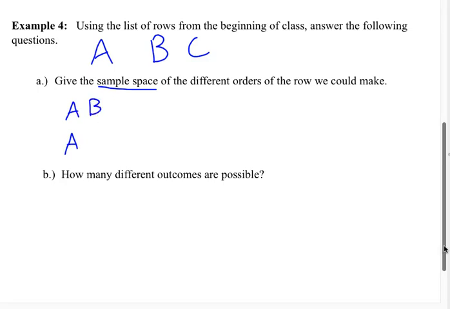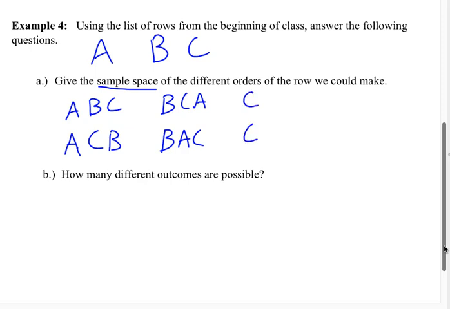It could go A, B, C, or we could have A, then C, then B, and I just flip-flop the second 2 positions. So there's 2. I don't think there's any other ways A can be first. Now let's let B be the winner. We could go B, C, A, and now I'm going to flip the C and the A and make it B, A, C. All right, we went from 2 to 4 different results in our sample space.